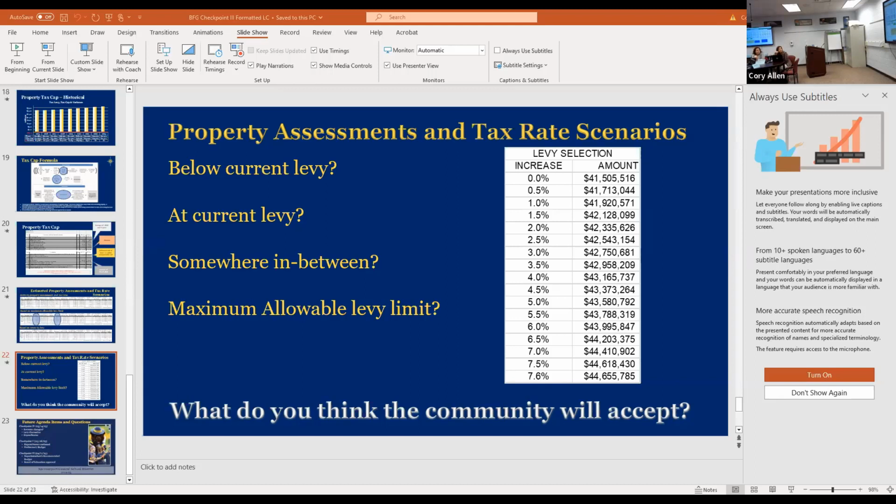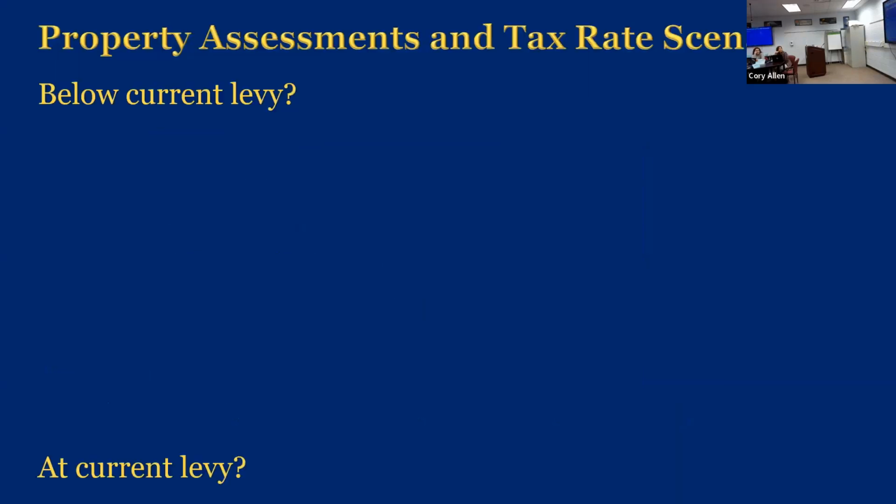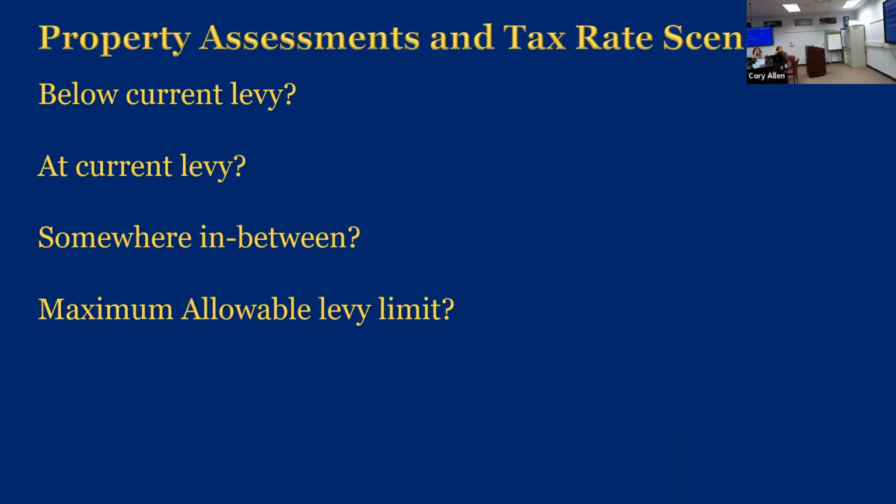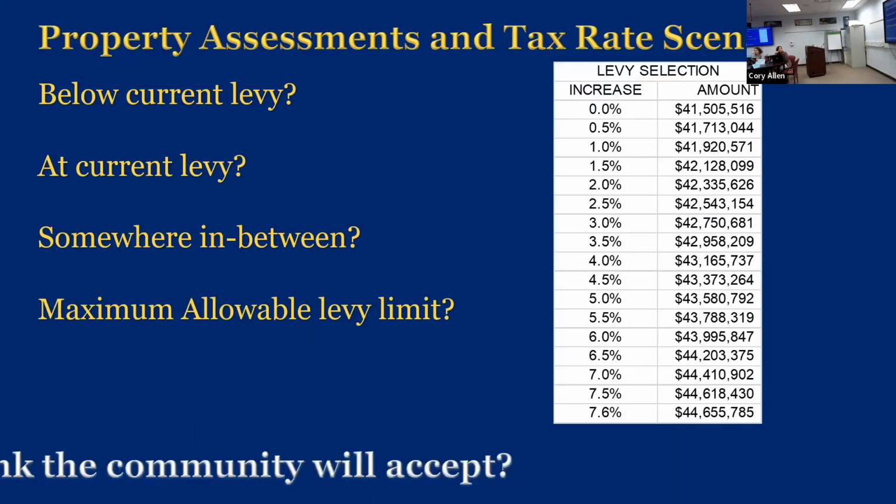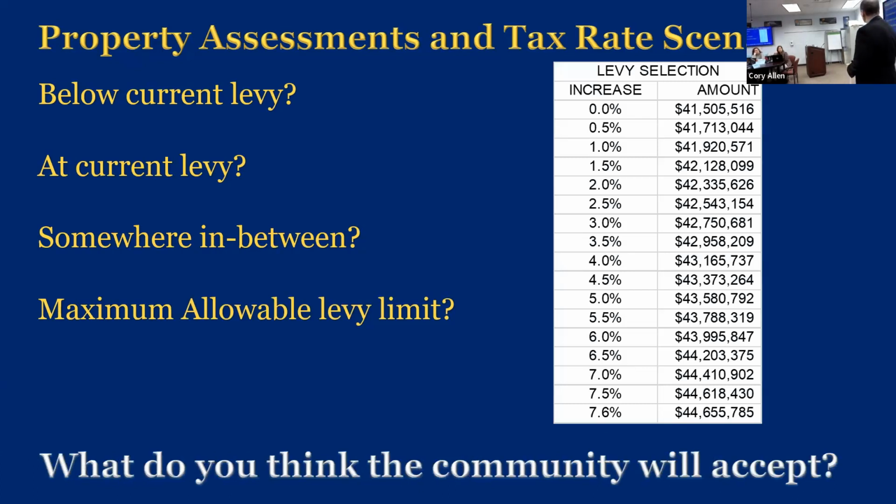So we'll review this again next week when we start talking about the expenditures, and I have an opportunity to talk about this, and I think cabinet will have a great discussion piece. So I'm going to give you a little bit of homework here. Really think about what the community will accept.